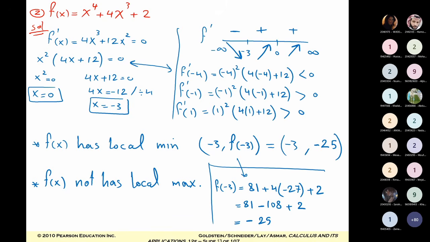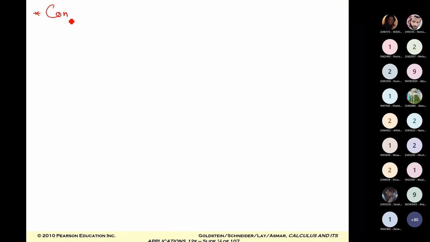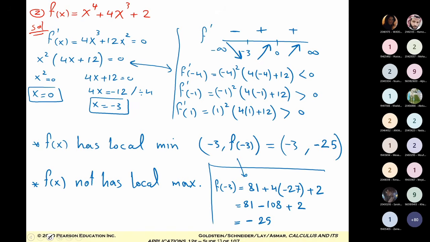Now, concavity. Ibrahim, why did we put f at the point? This point is the one that gives me the maximum. So f of x has a maximum or minimum at what point?